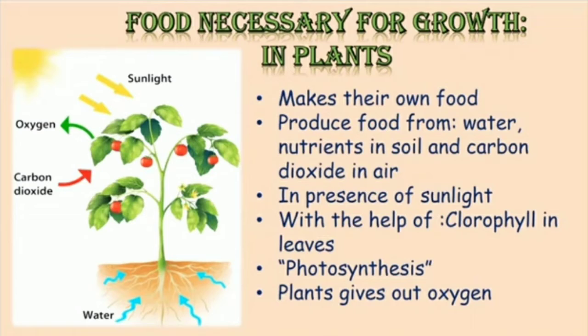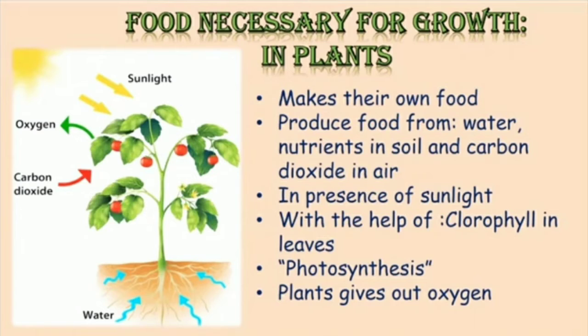So children, what is this process called? Yes, this process is called photosynthesis, right? It occurs in the presence of sunlight. And children, the green color which is present in the leaves, what is it called?